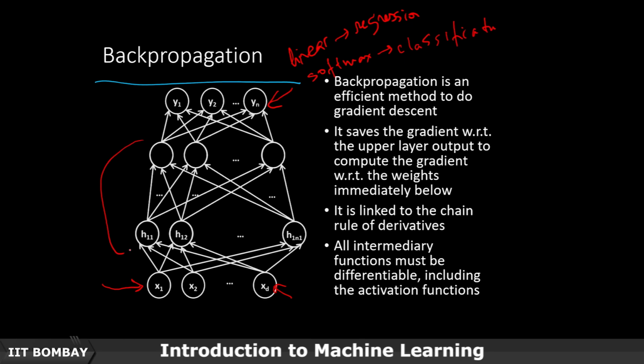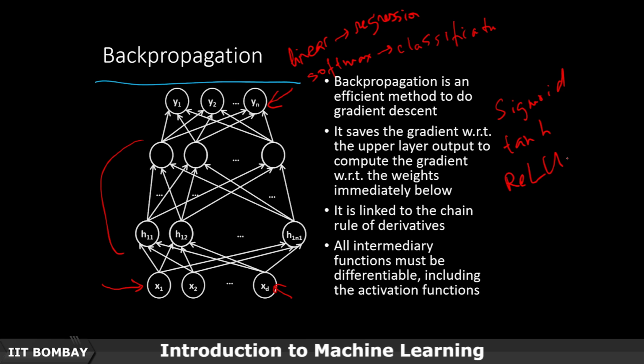Your input layer has no activation function, it's just passing the inputs, but for hidden layers you have a choice of different activation functions. Popular choices are sigmoid and tanh, and the third one is the rectified linear unit. Rectified linear unit is currently the choice that seems to have better properties in terms of training neural networks and getting higher accuracies. But you cannot apply ReLU blindly to the output layer. There you have to see what kind of problem you are solving.